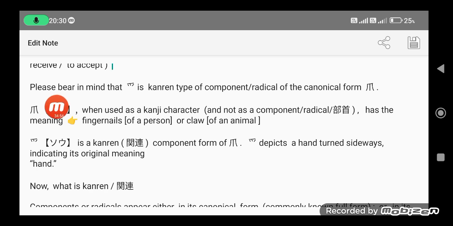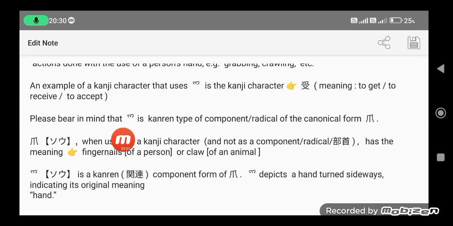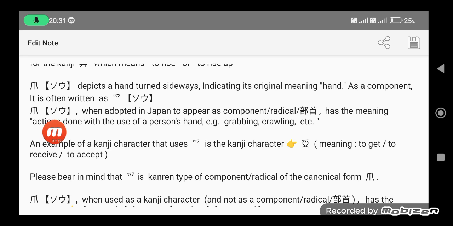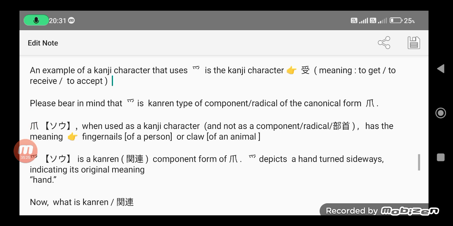Please bear in mind that this so is a kanren, or variant of a radical, because this is the canonical form and this is the variant form, or kanren. So please bear in mind that the radical so is a kanren type.